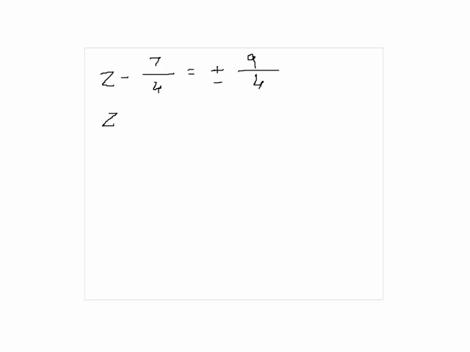If I want to find z, I'm going to add 7 over 4 on both sides to cancel it. So z will be plus or minus 9 over 4 plus 7 over 4.